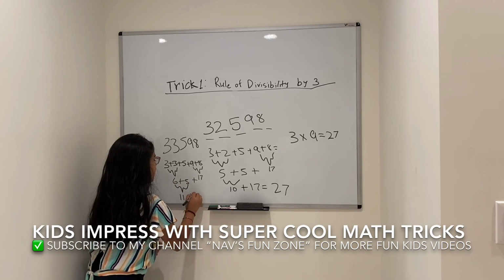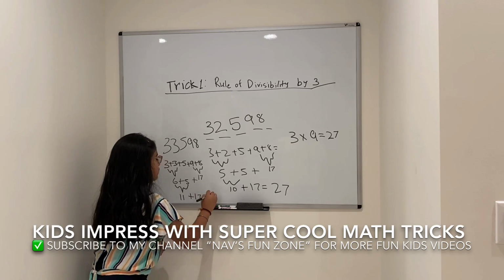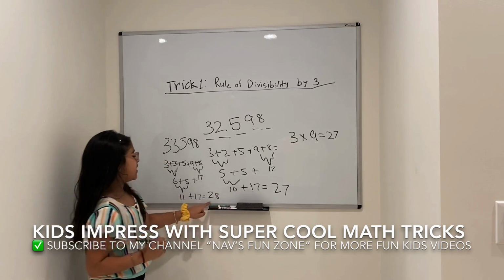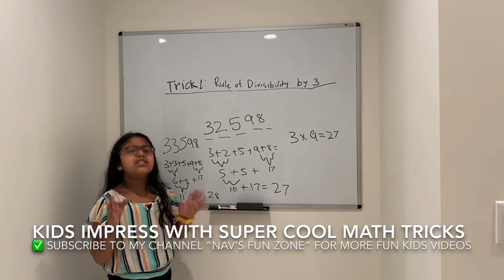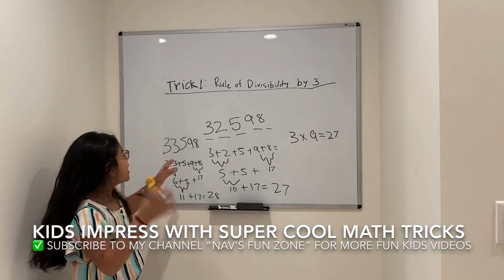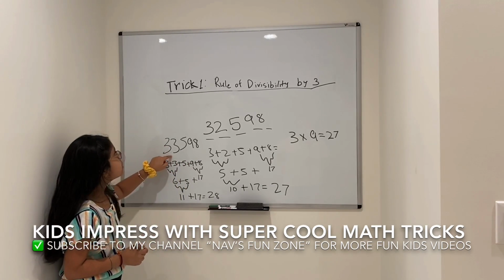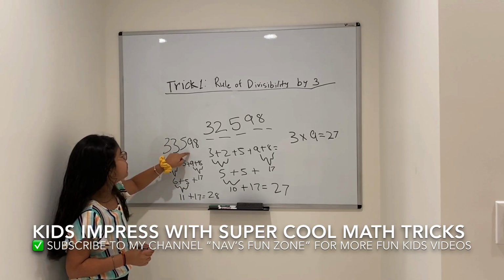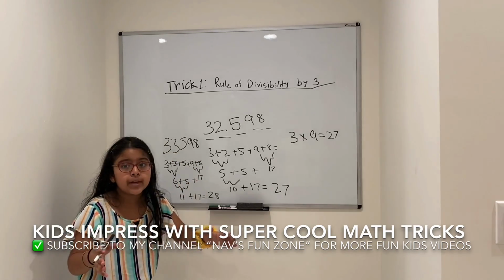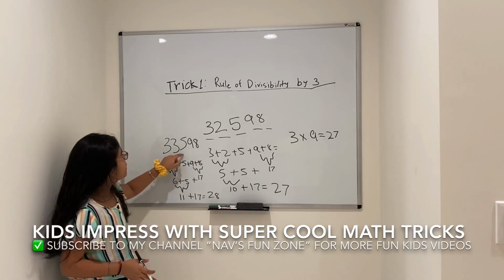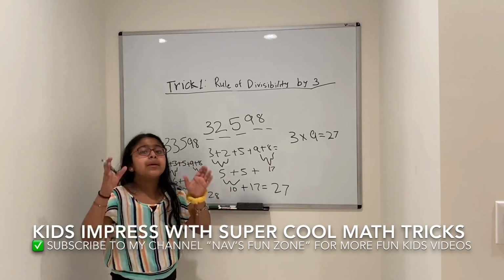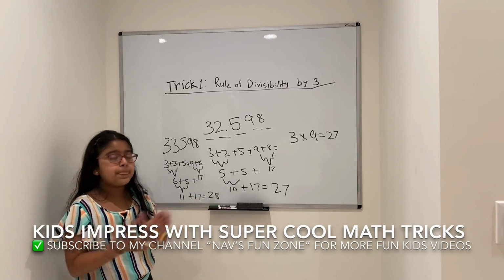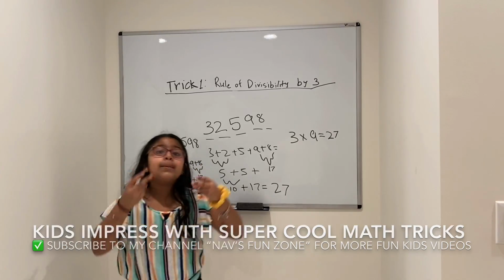And 11 plus 17 is equal to 28. And hey, 28 is not divisible by 3. So that's how you know 33,598 is not divisible by 3. Because the sum of all these digits is not divisible by 3. Okay? Let's move on to trick number 2.